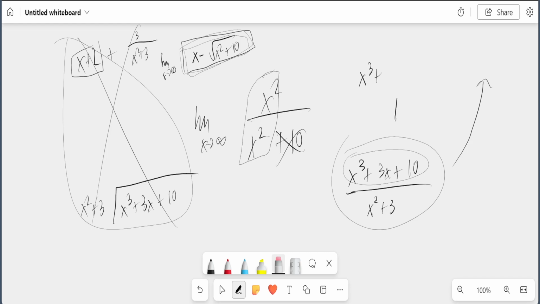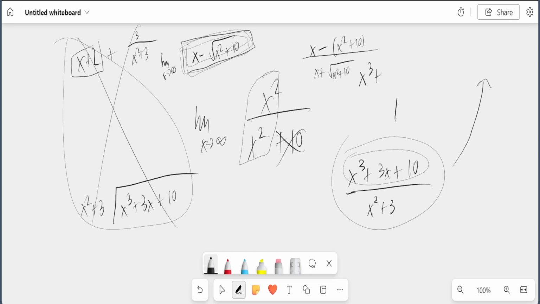Wait, so that top one would be infinity, like the last one you did? This one? Yeah. You would have to multiply by x plus this, so you get x minus x squared plus 10 over x plus square root x squared plus 10, right?